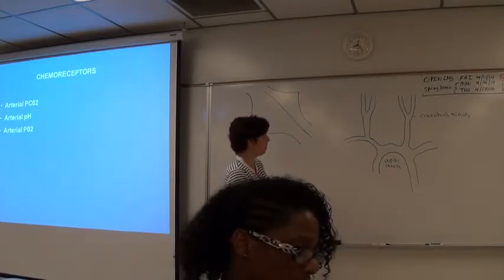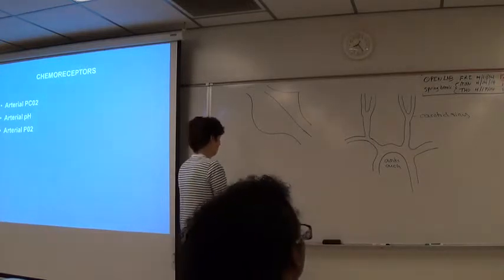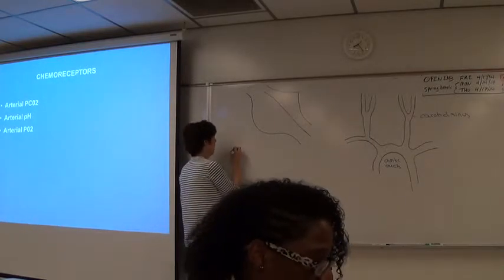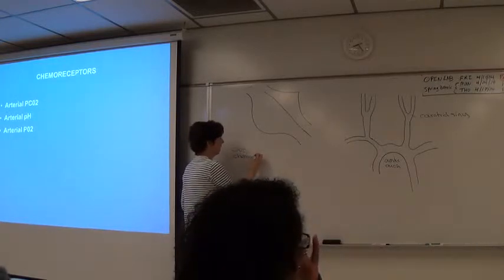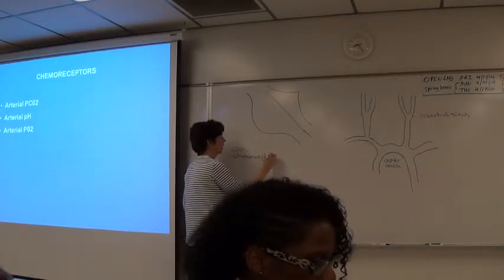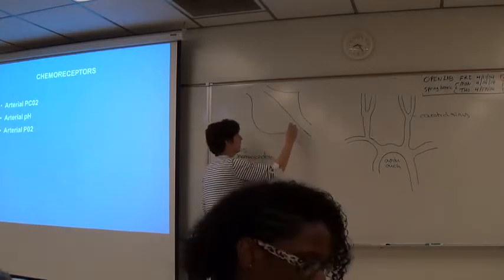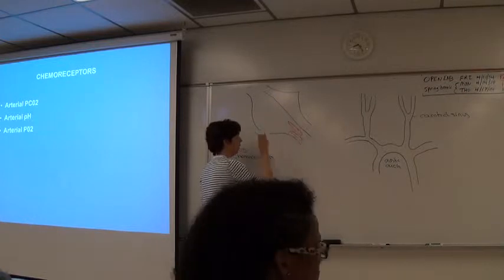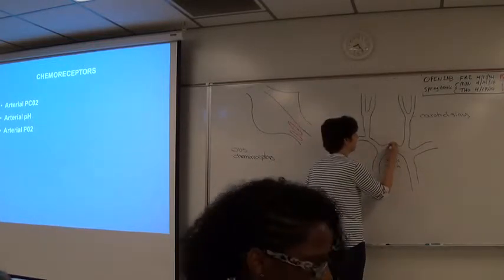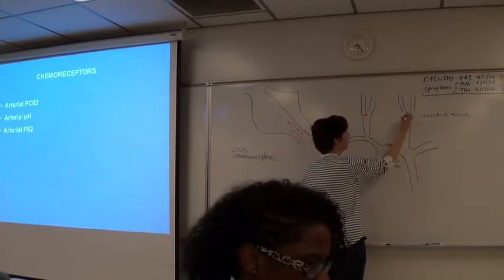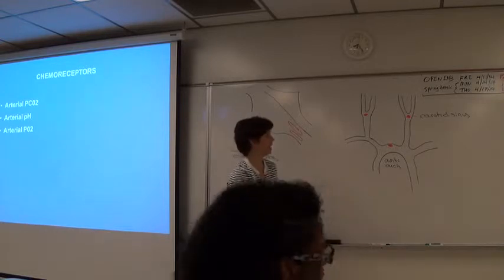There are chemoreceptors present in the medulla, known as CNS chemoreceptors that are associated with our ventral and dorsal respiratory groups. There are chemoreceptors located here known as the carotid bodies and aortic bodies.